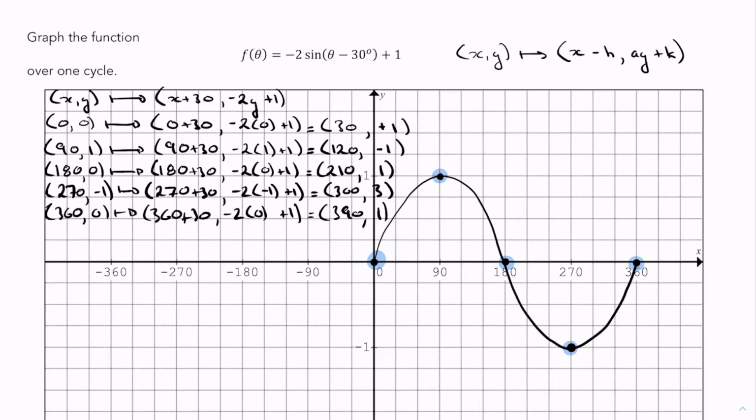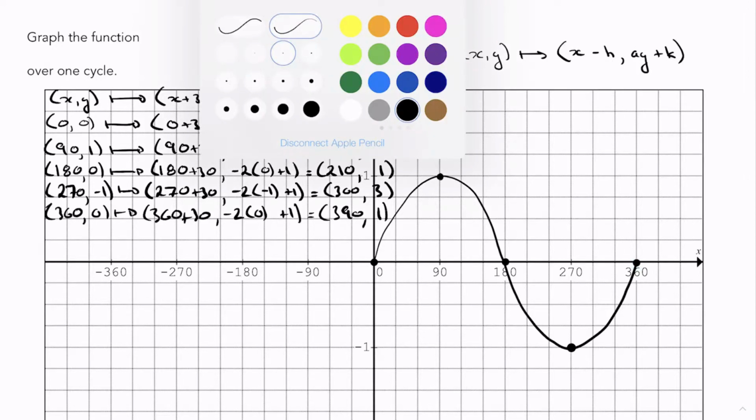Okay. A lot of calculation going on here. Before I do anything else, let me just put the points in. I'm going to take these blue highlights out, and sketch my new graph using, let's use green here.